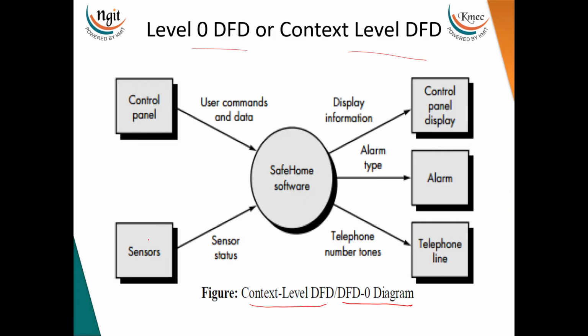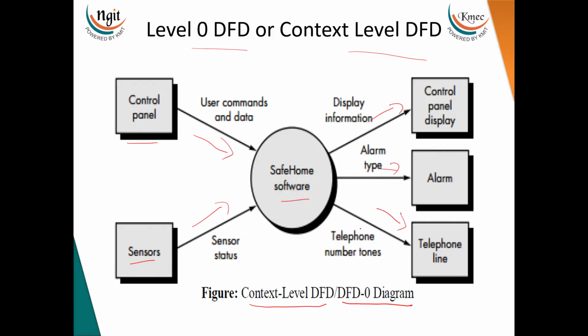Here you can see a picture of the SafeHome software, where we have a control panel and sensors. These are sensor status, user commands and data. Here are the control panel display, the alarm, and the telephone line.